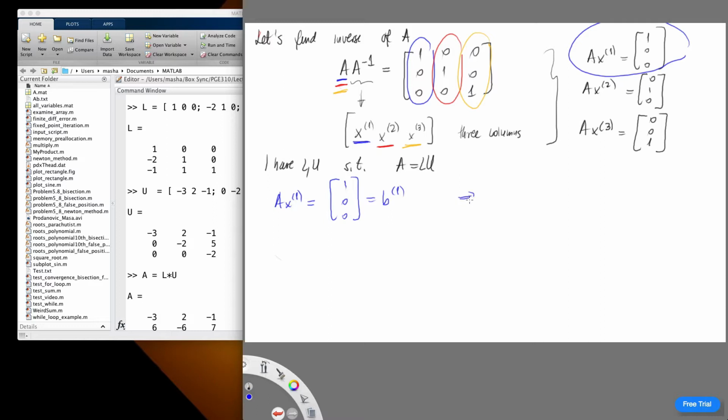Find D. So step 1, find D such that L times D is B, this B1, right? Which is 1, 0, 0. What is my L?